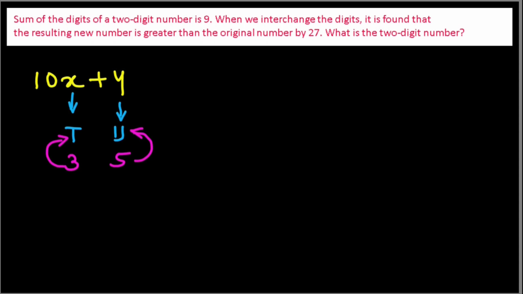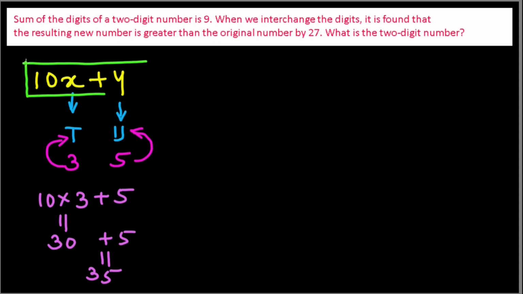So in terms of 10x plus y, how can we write 35? We will write 10 multiplied by 3 plus 5, which will be 30 plus 5, that will be 35. Now we have understood that any two-digit number can be written in the form 10x plus y, where y is the digit in the units place and x is the digit in the tens place.